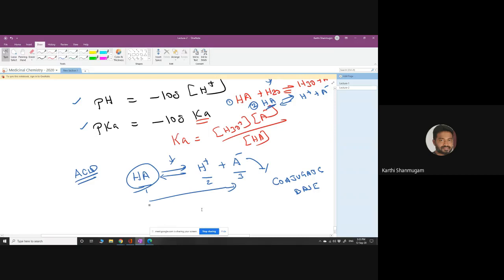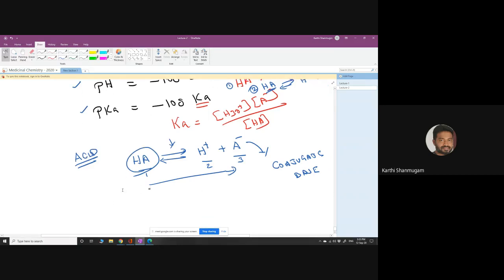I'm going to write another simple equation. The equation is BH plus, and the reaction goes in the forward and backward direction, giving H plus plus B minus, right?